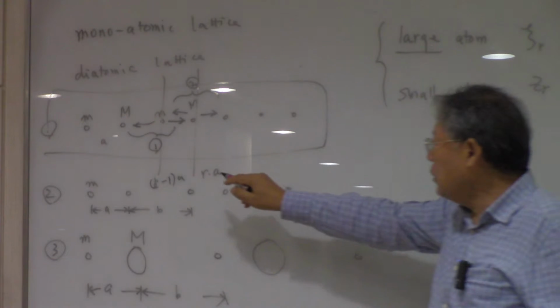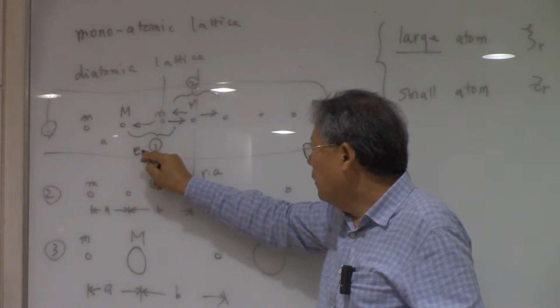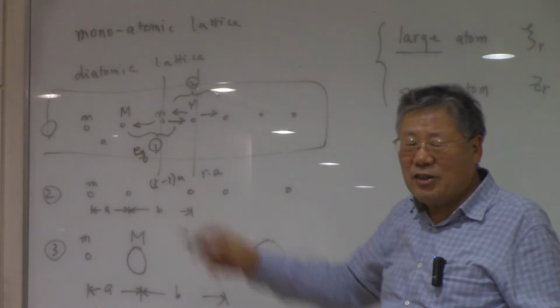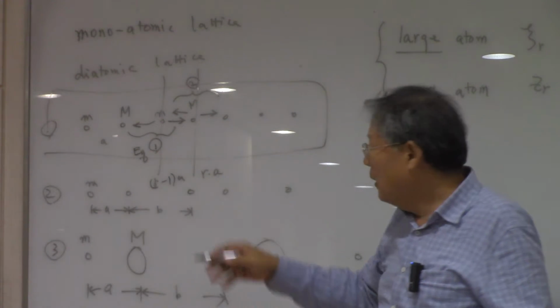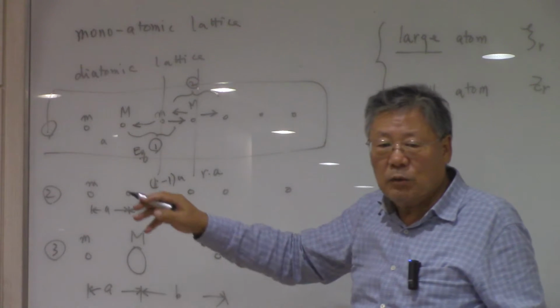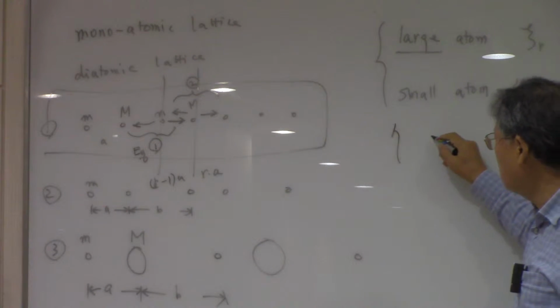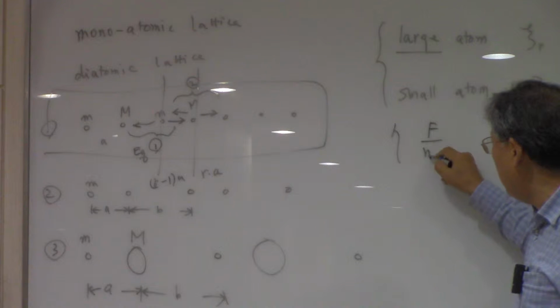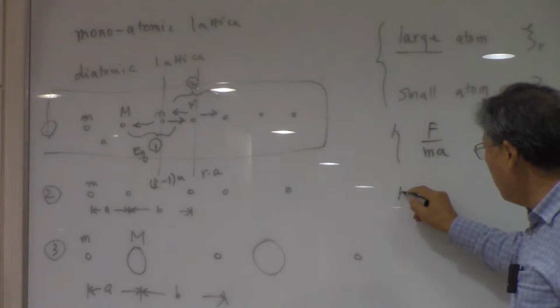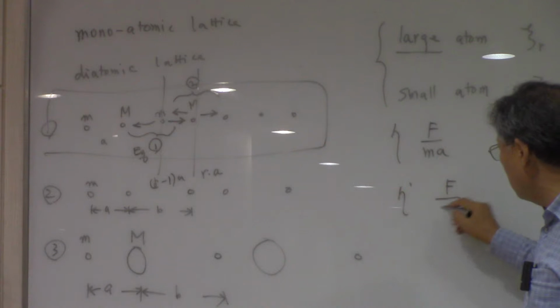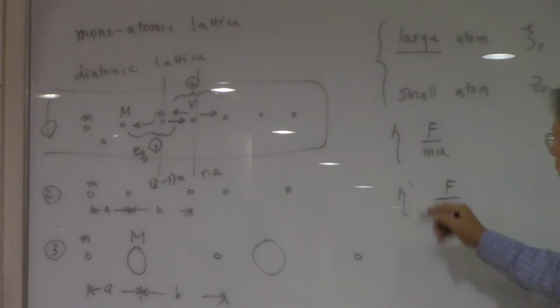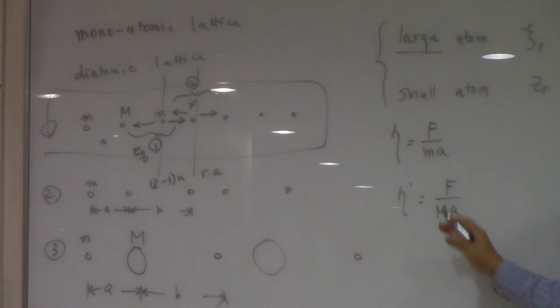So the equation number 1, we solve that just like the monatomic case, only the difference is we have different etas. One eta is related to the F over MA, and then the other one, F prime, is the F to MA. Only the difference is this.